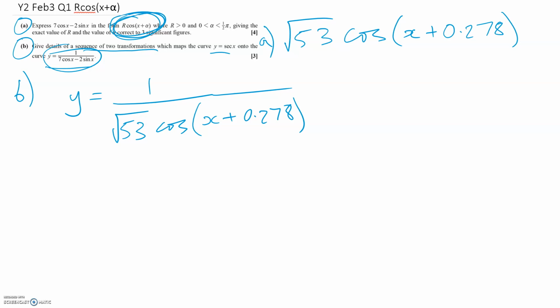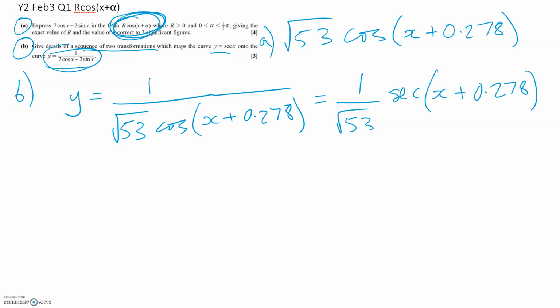So how does this help us out? Well, this can now be split up into 1 over root 53, and then 1 over cos is sec, so this is sec(x plus 0.278).